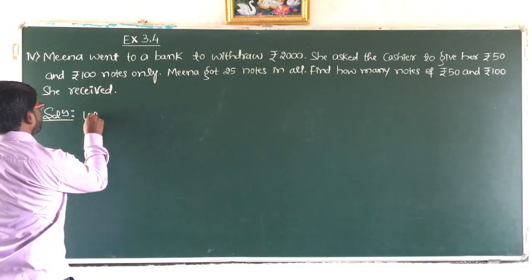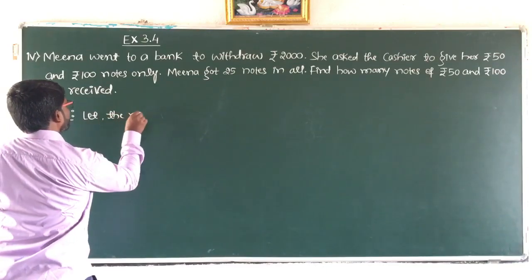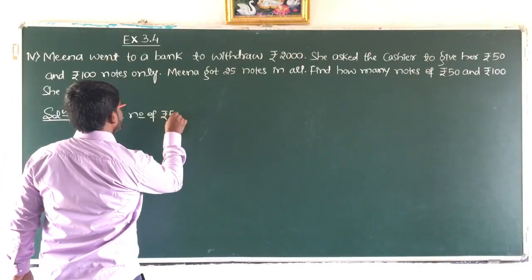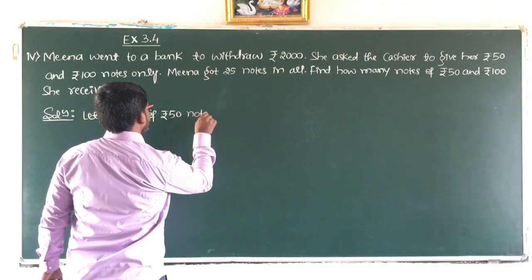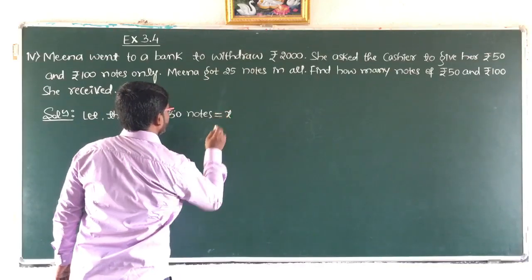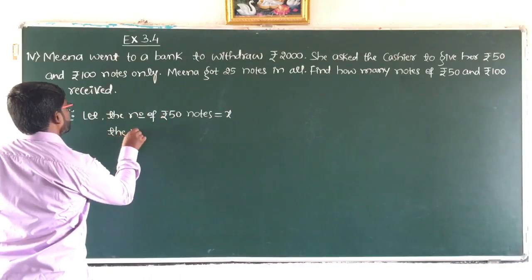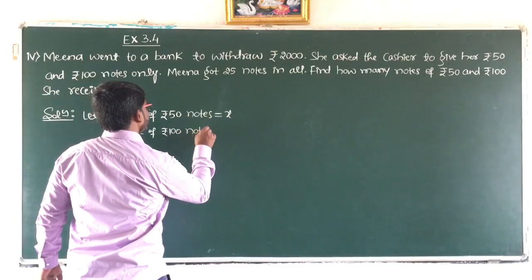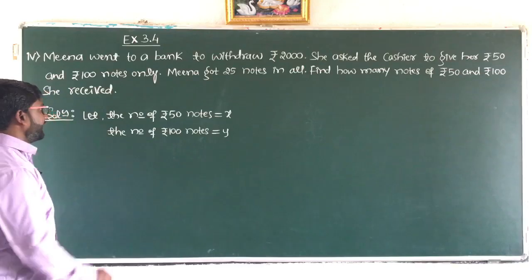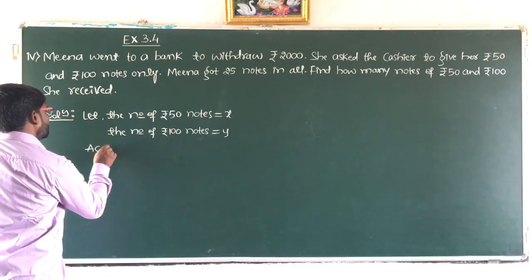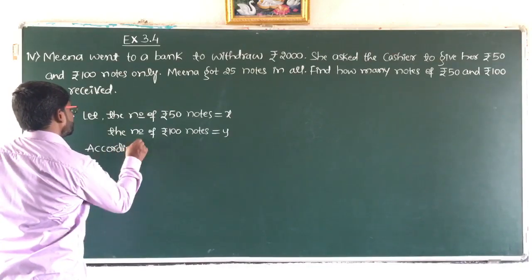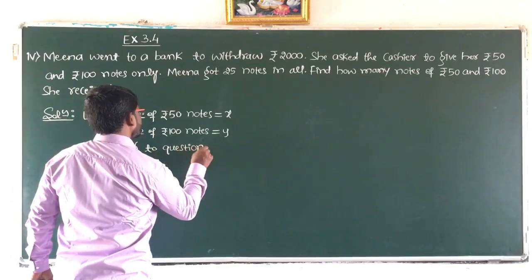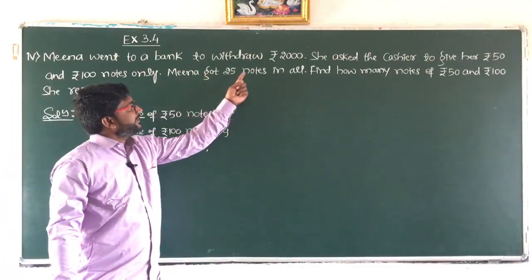Let the number of 50 rupee notes be equal to X and the number of 100 rupee notes be equal to Y. So now, according to the question, Meena got 25 notes in all.